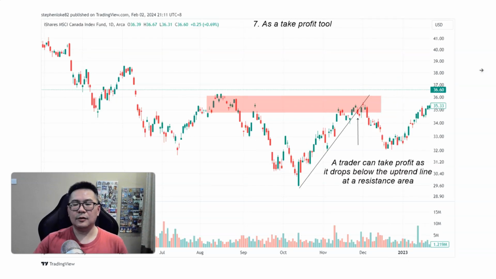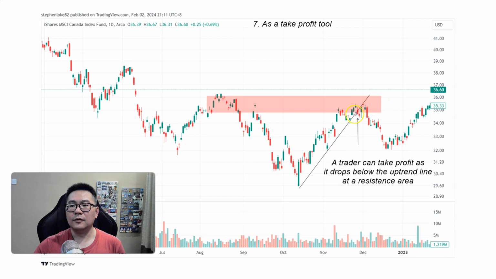Now the last way to use the uptrend line is as a take profit tool. So I have this iShares MSCI Canada. Let's say you bought the stock around here. Okay, you think it's bottoming, and then it rose to this resistance area, and you draw an uptrend line, right?